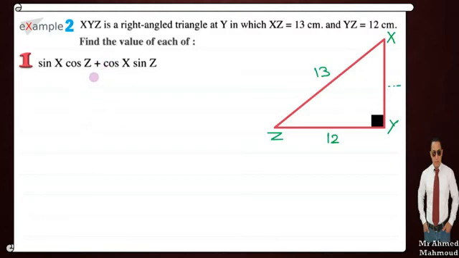Find number 1, sine X cosine Z plus cosine X sine Z. Don't forget SOH CAH TOA.